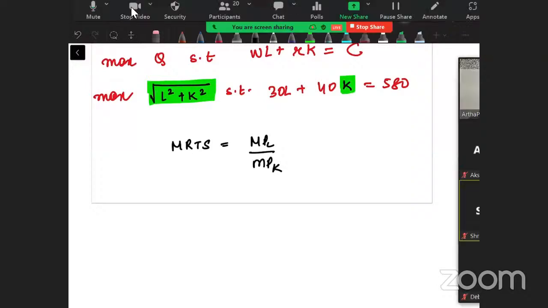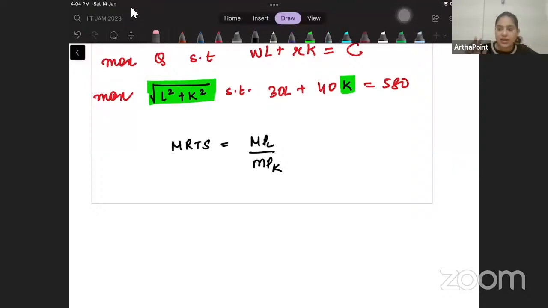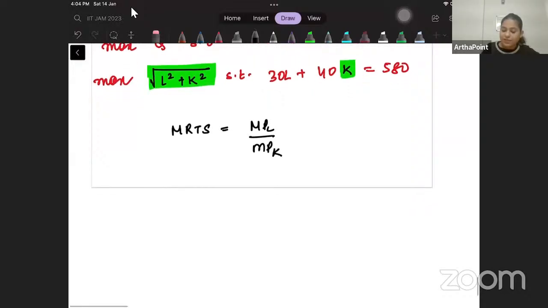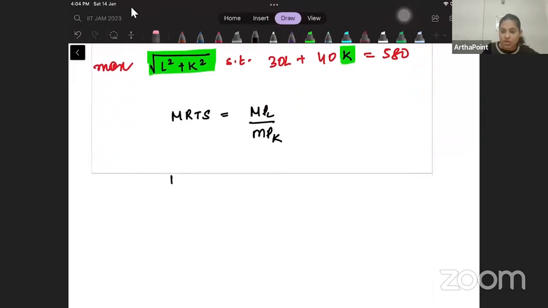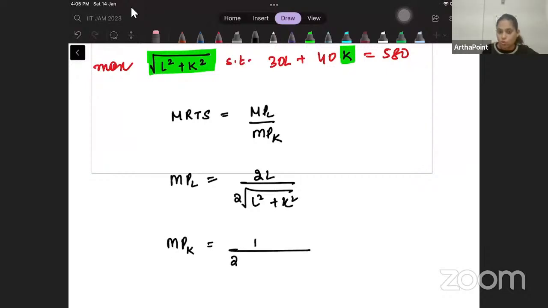Everything is fine, up to you. All techniques are correct. So if I find MRTS, I will differentiate this with respect to L. So I will get 1 upon 2 root L square plus K square into 2L. If I differentiate this with respect to K, I will get 1 upon 2 root L square plus K square into 2K.